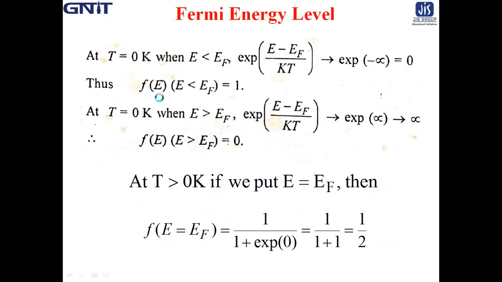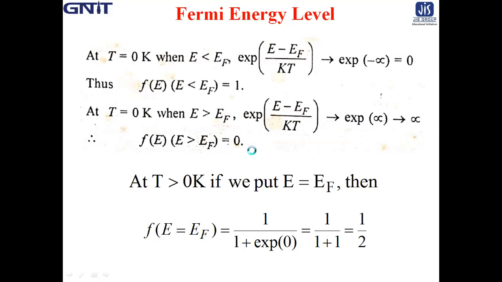Thus, f(E) for the condition E less than EF equals 1. At T equal to 0 K, when E is greater than EF, e to the power (E minus EF) by KT tends to e to the power infinity, which tends to infinity. Therefore, f(E) for E greater than EF equals 0.